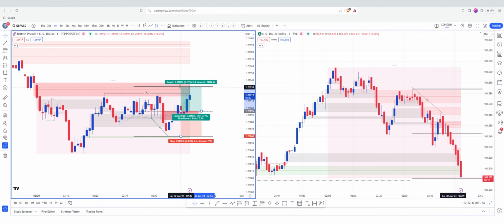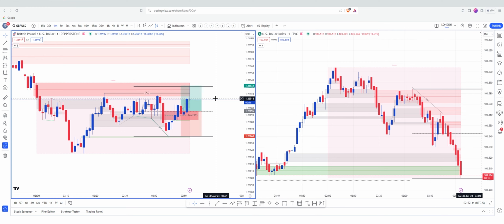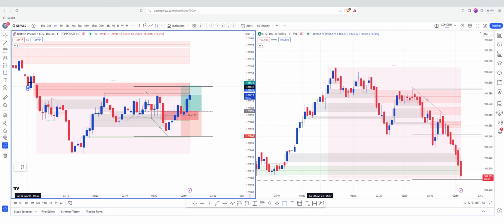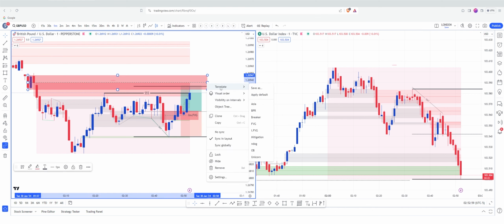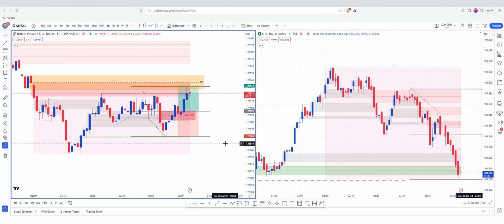One hour, just not been tapped yet, into a bearish fair value gap, 1 minute bearish order block.